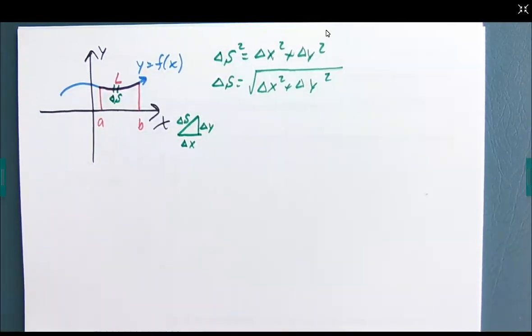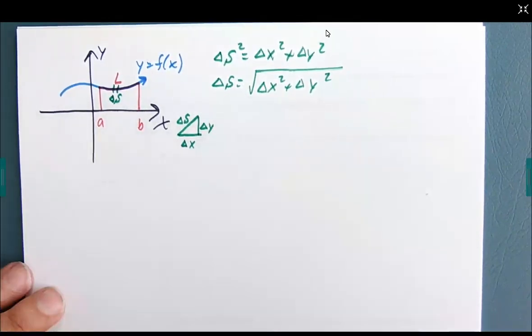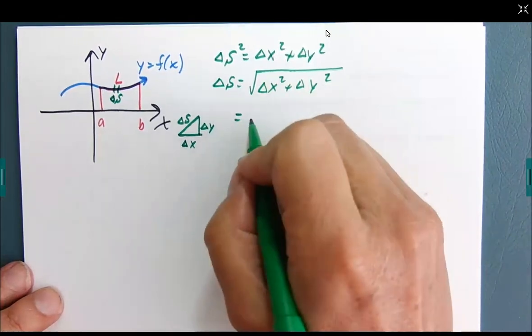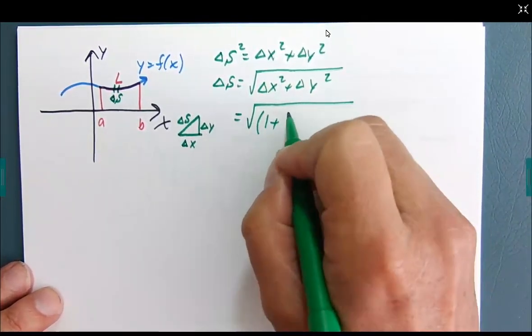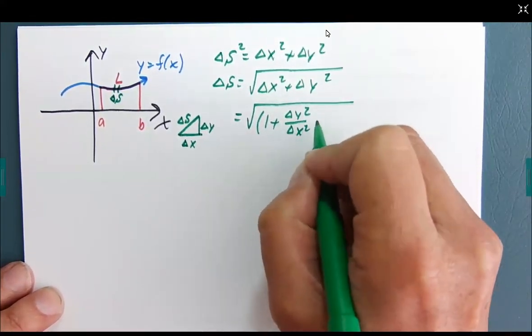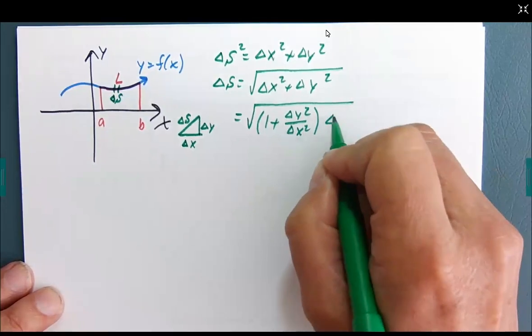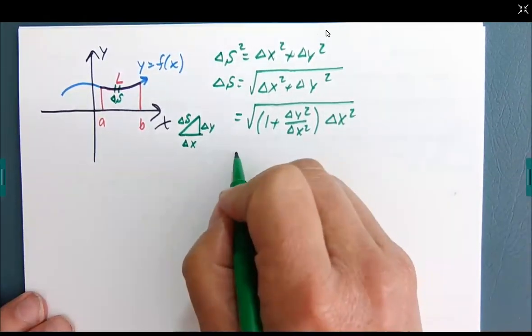And what I want to do is factor under the radical a delta X squared out.